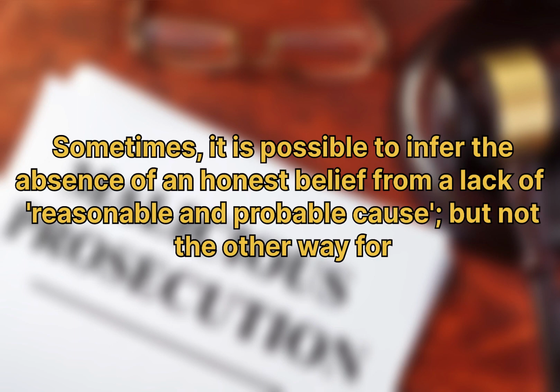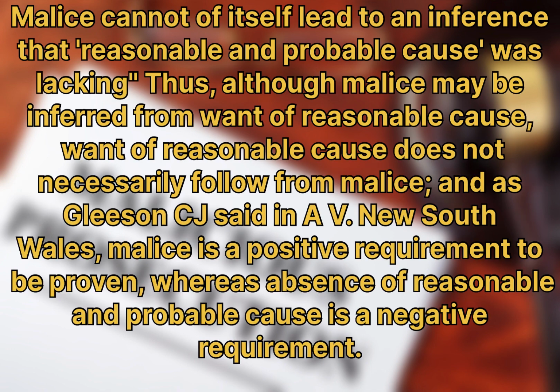Sometimes it is possible to infer the absence of an honest belief from the lack of reasonable and probable cause, but not the other way for malice. Malice cannot of itself lead to an inference that reasonable and probable cause was lacking. Thus, although malice may be inferred from want of reasonable cause, the reverse does not necessarily follow from malice.